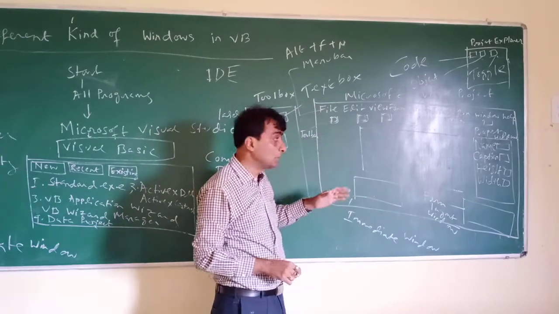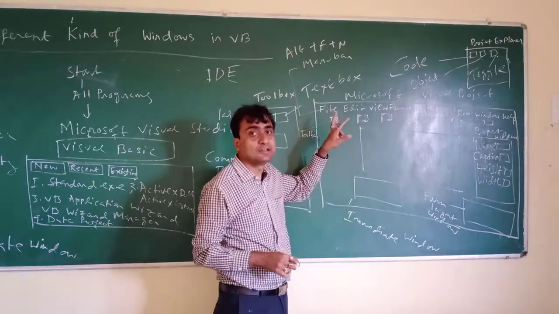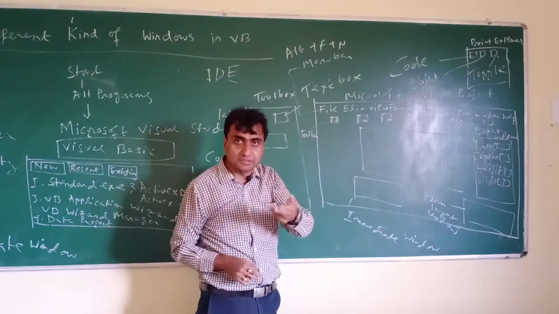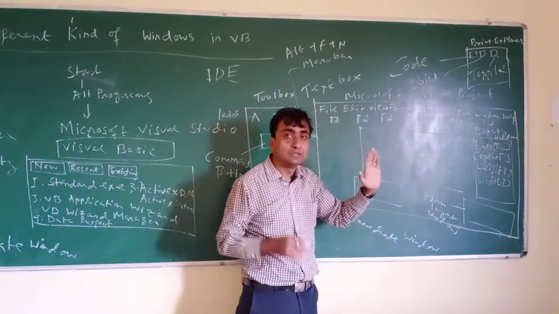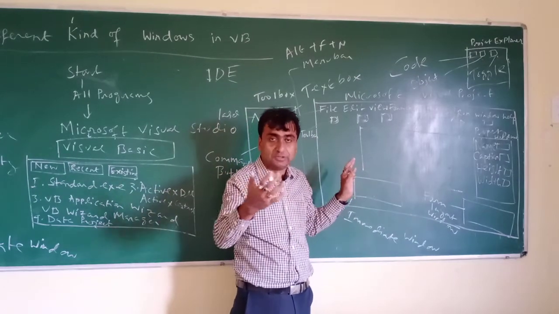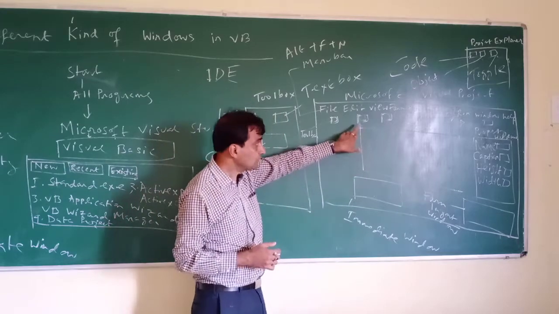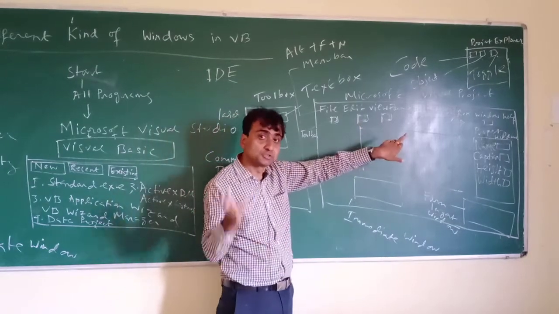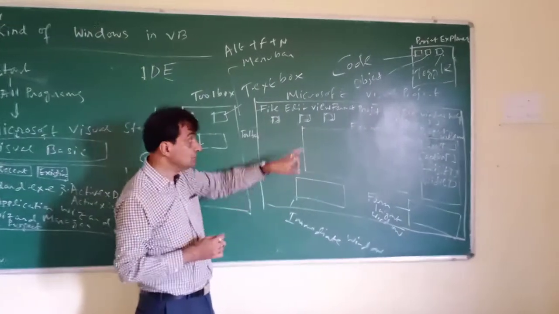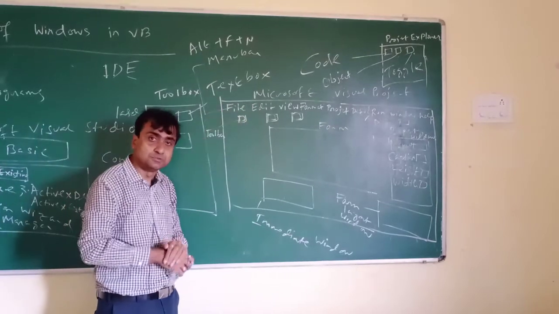File option New, I am going through what? Menu bar. And Alt F N is a shortcut I am using through keys. So here instead of keys, some icons are there. Why? This is based on visuality. That's why icons are there here. Now these icons are shortcuts of what? Menu bar. So these two are not windows. These two are options for the users.